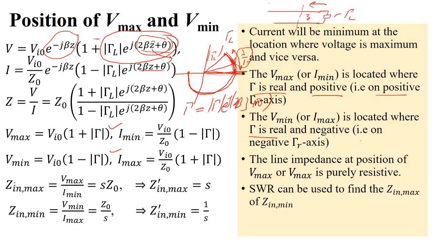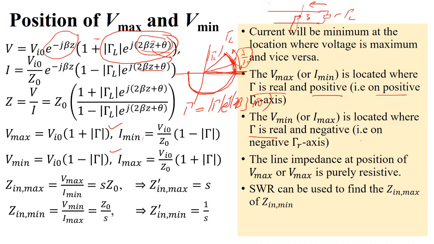Now in that case, for the line impedance, are we saying the Z in? Sometimes we call it that because we are looking at this point. This is the line impedance, or if this section is cut here, we can say this is the input impedance. So this will be the maximum, because Vmax over Imin, since at the same location voltage is maximum and current is minimum.